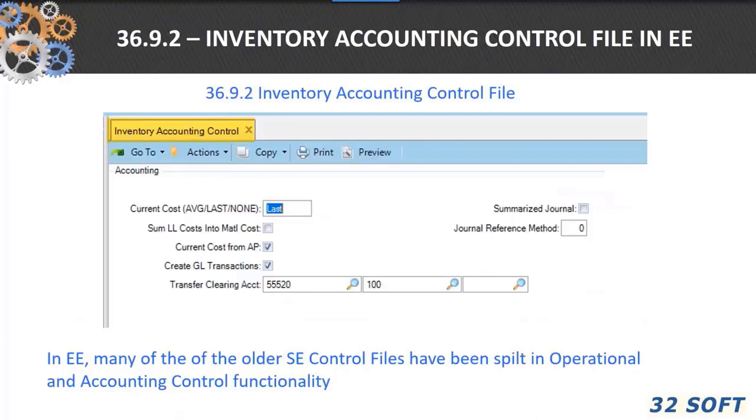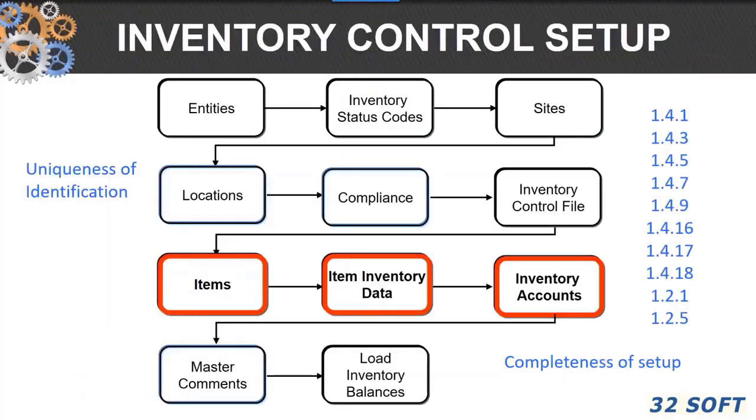In EE, they, for some reason, have separated the operational and accounting control functions into this 36.9 series of accounting, but it basically has the same values that you've got. I won't spend a lot of time on inventory control. It's basically items, item inventory data, inventory product lines.